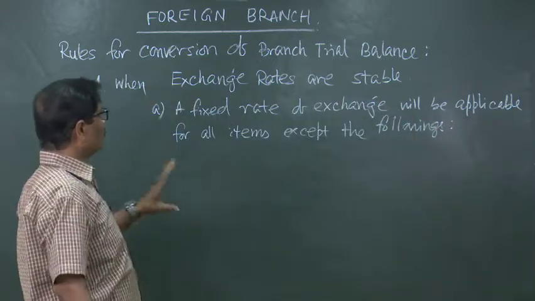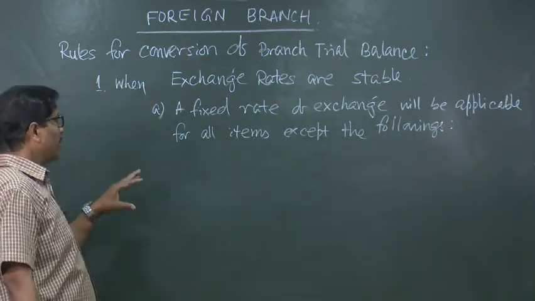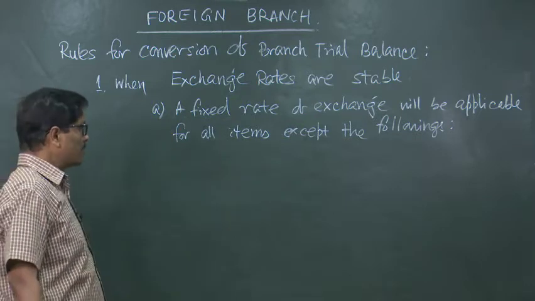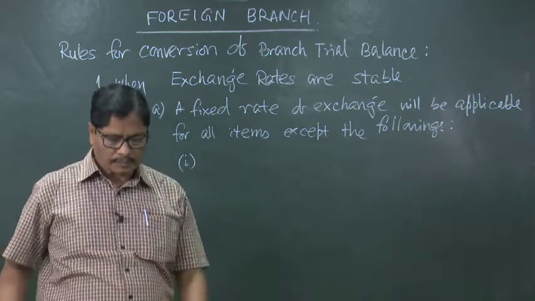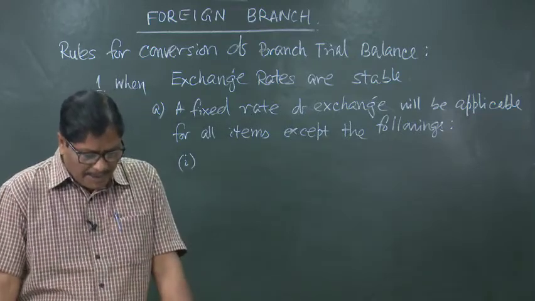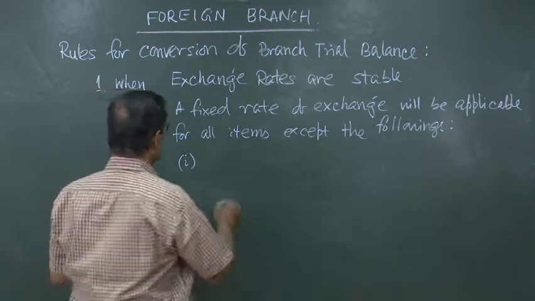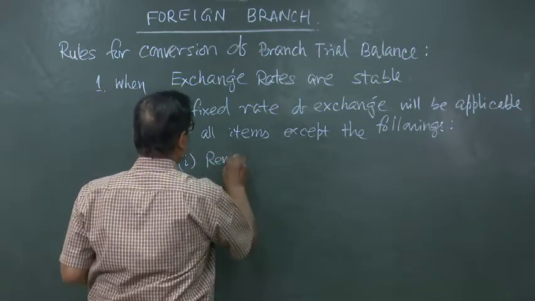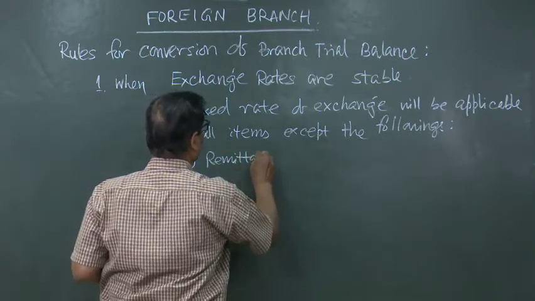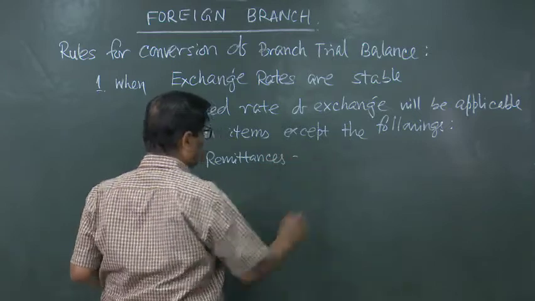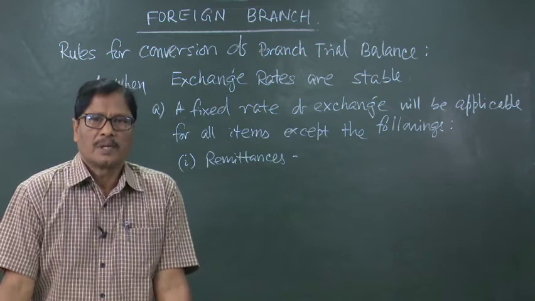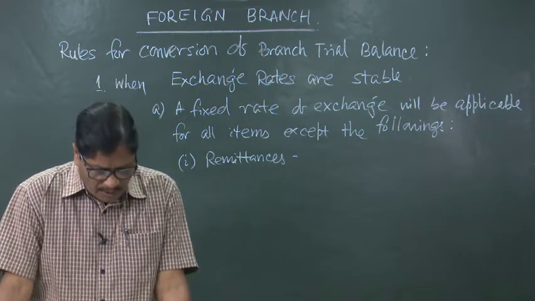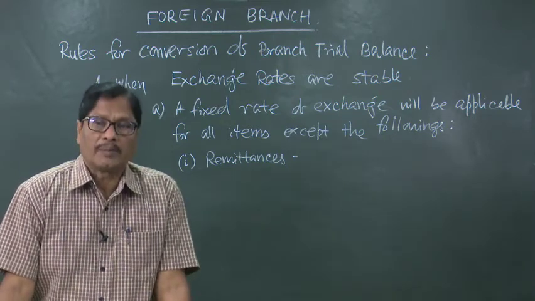So, all the items will be converted according to the fixed rate of exchange excepting number 1, remittances. The branch must have remitted some money to the head office from time to time. So, which rate will be applicable?